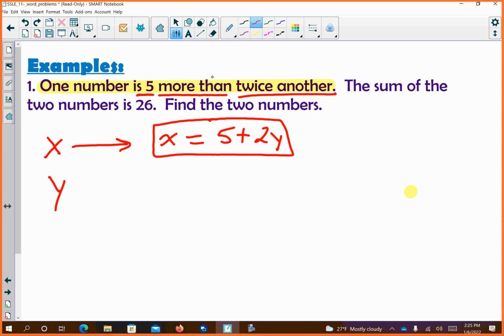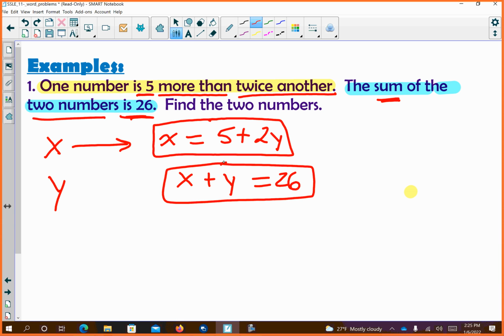Our next sentence states this. The sum of the 2 numbers is 26. So what does sum mean? What does the sum of 2 numbers mean? Add them together, yeah. So I'm going to add my 2 unknown numbers together to get 26. So now we have to reach back a little bit.